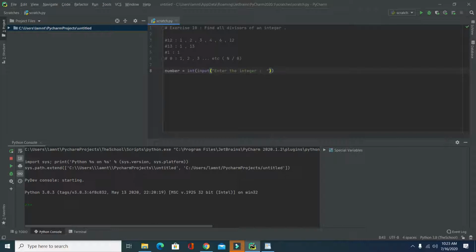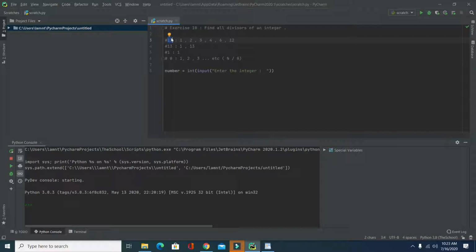What we want to do is find all its divisors. So let's take for example the number 12. We want to check from 1, because nothing can be divided by 0. So we want to check from 1 up.